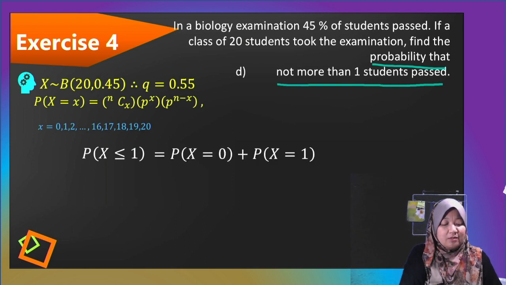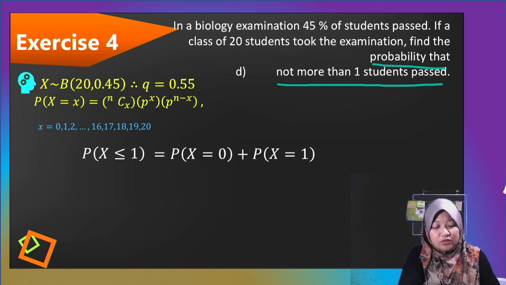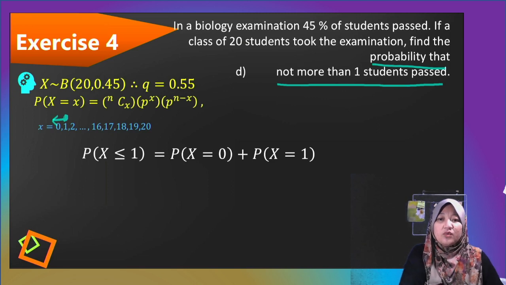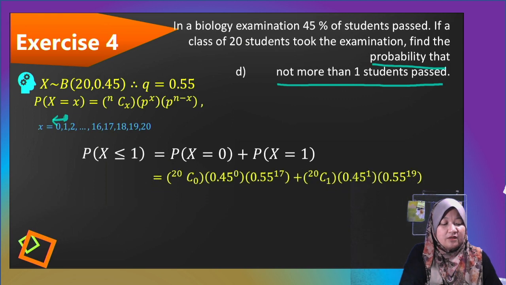So, kita boleh tambah X equal to 1. This one X less than or equal to 1 means 1 and 0. Okay, plug in into formula. Then we have 0.000114.